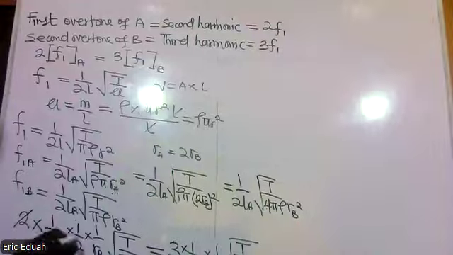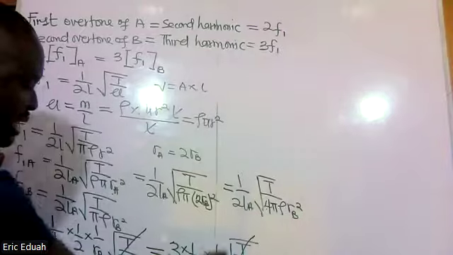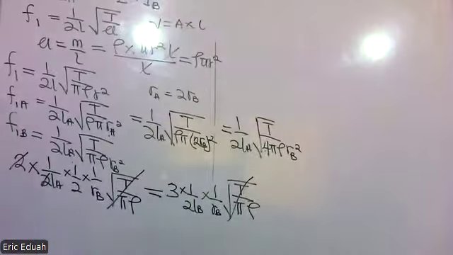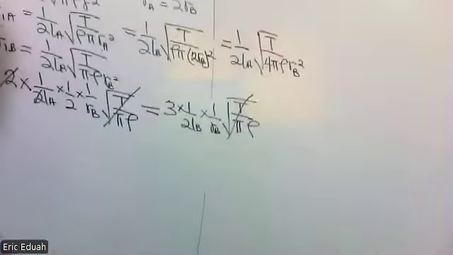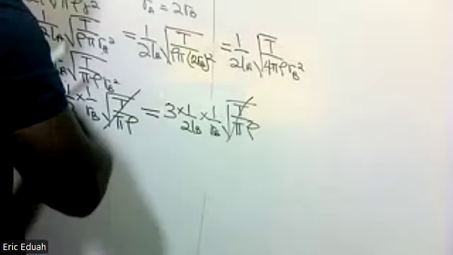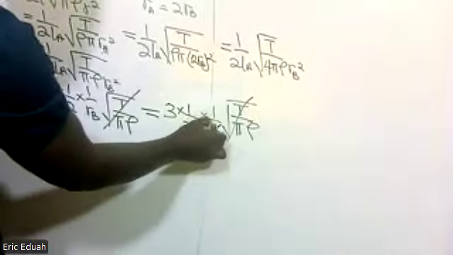So straight away, you realize that this side and this side will cancel out. These two sides will cancel out. Then RB here, when you cross multiply, they will also cancel out.